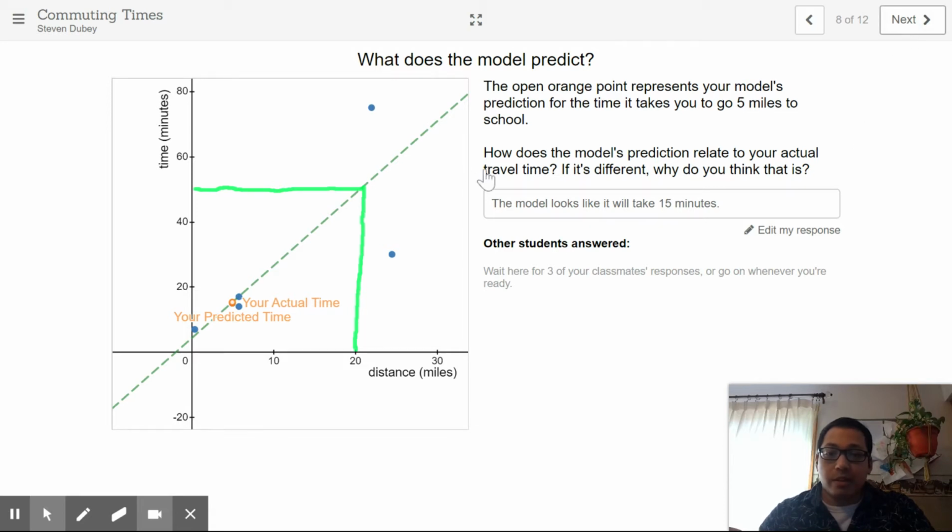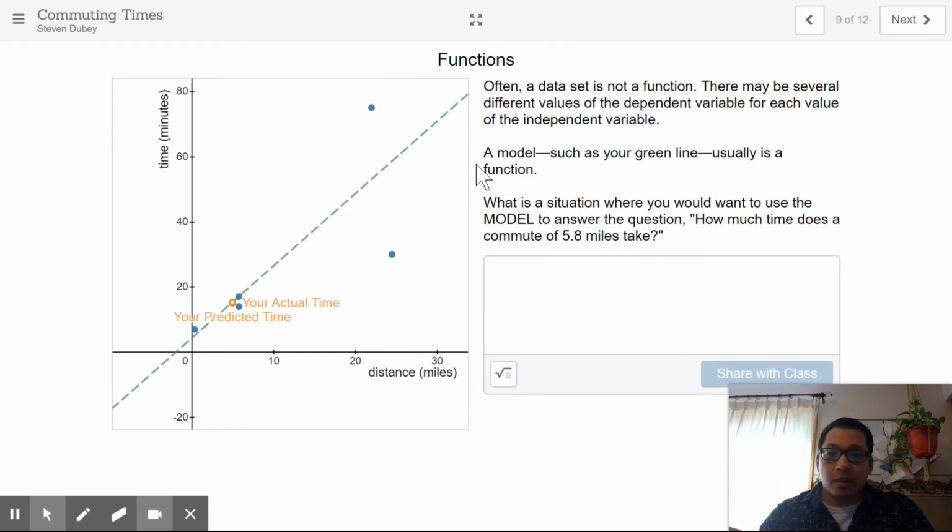If we look in the next screen, there's a little comparison. So all I just said is not a function. There may be several different values of the dependent variable for the same value of the x. The dependent variable is like our y value, for each value of the independent variable, which means our x value.